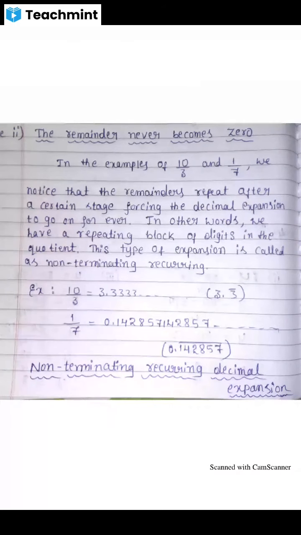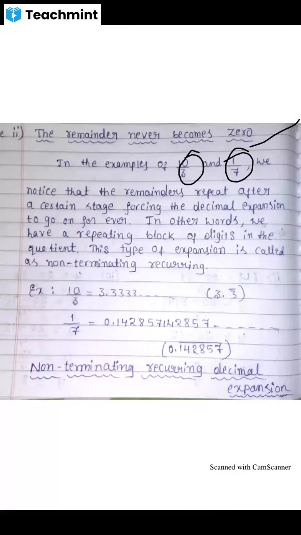Yes. Now we are moving to our second page. See, case 2: the remainder never becomes 0. Just recall the last online class, in which we did 10 divided by 3 and 1 divided by 7. We checked the division operation of 10 divided by 3 and 1 by 7.